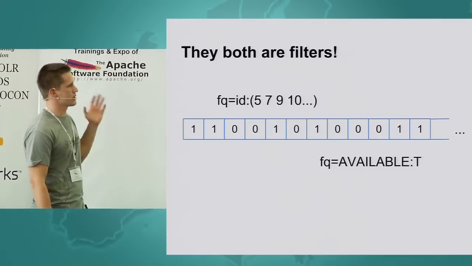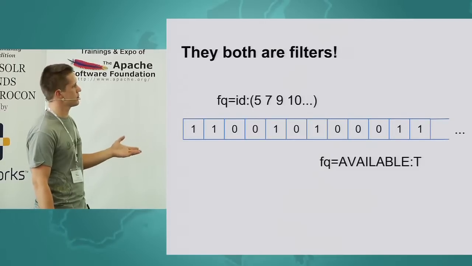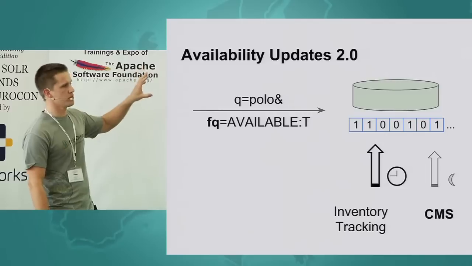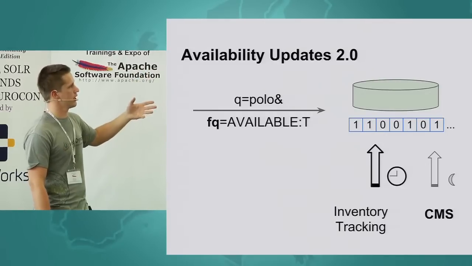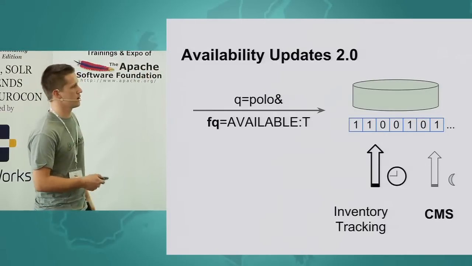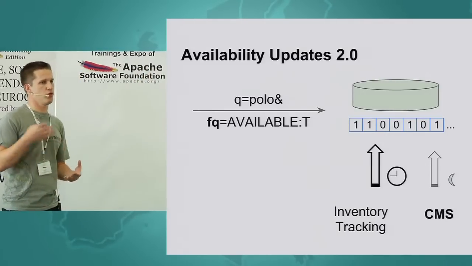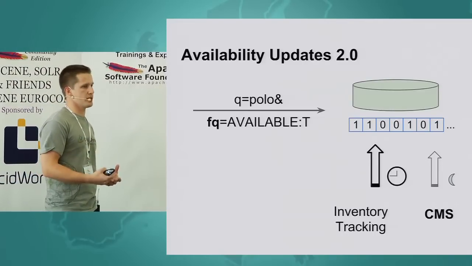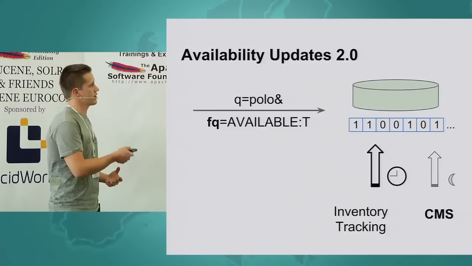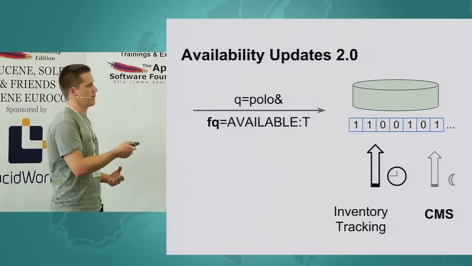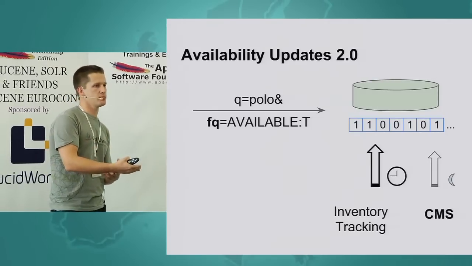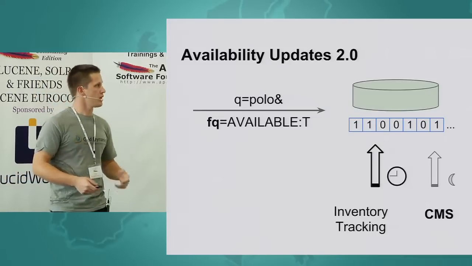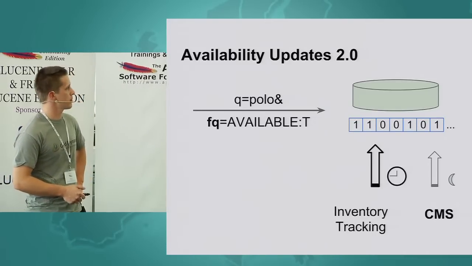The solution is fairly simple and straightforward. We can just hold this availability bit set in the heap and update it there. We don't need to bother with the inverted index to run these updates, right? After that, we can apply this availability filter at query time. So everything should work, and it definitely works.